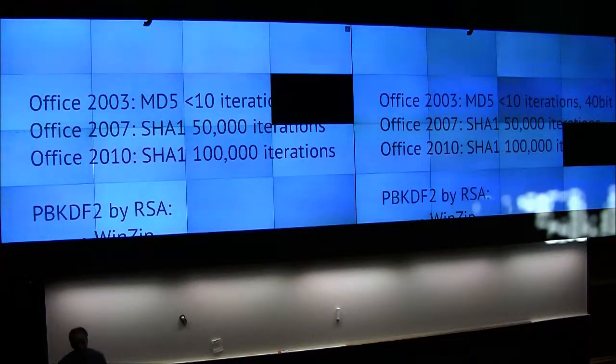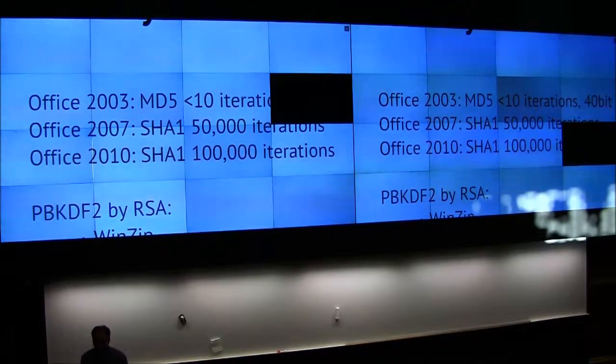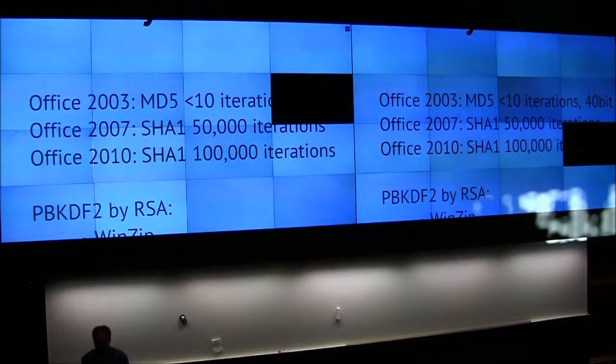Office 2003 used MD5, and it used less than 10 iterations of MD5 to hash a password. It also used just 40-bit encryption, but 10 iterations, it's not really secure. Office 2007 introduced SHA-1 with 50,000 iterations.